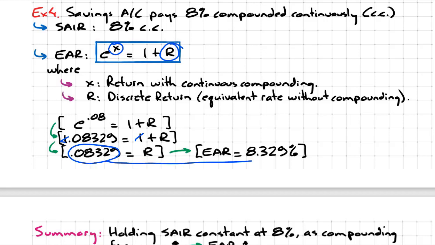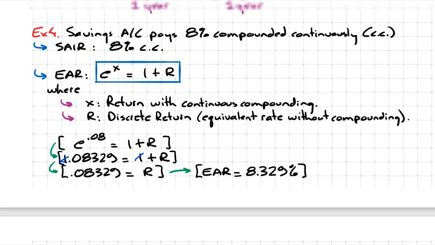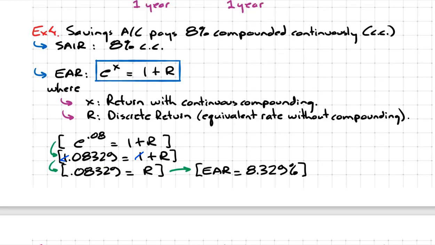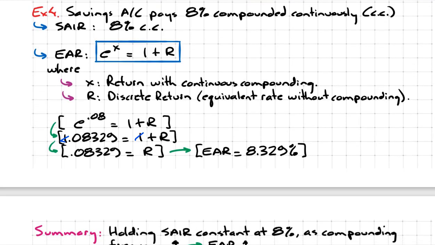So this is in decimal form, expressed as a percentage would be 8.329%. So even though the bank is saying that they pay 8% compounded continuously, which is the maximum frequency for compounding, that works out to an annual effective return of 8.329%.